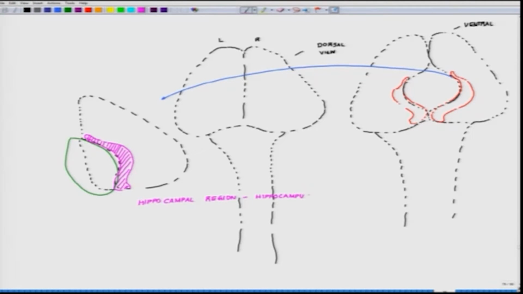This is one area which is believed to be deeply involved in memory formation, learning.